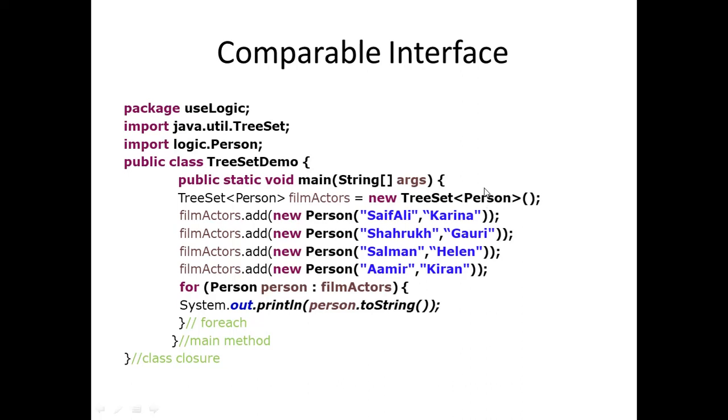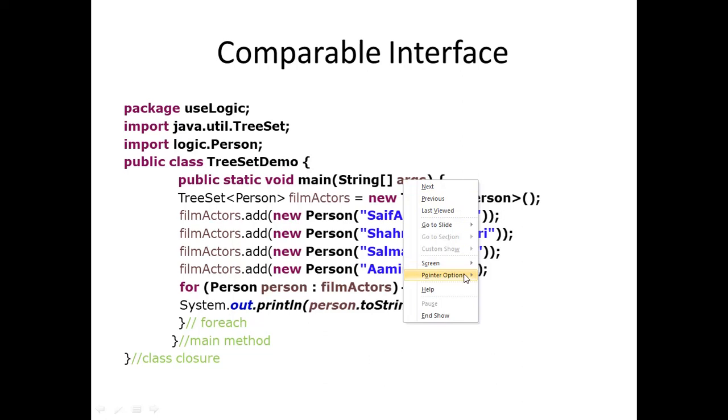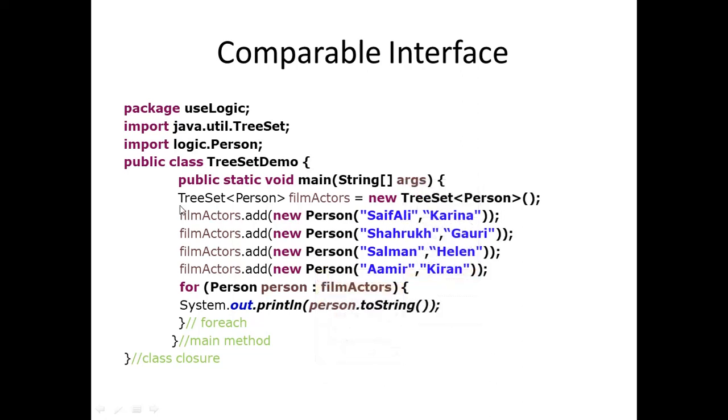Now here you have a TreeSet of Persons created, which is a blank one. Then you have 4 persons added to the TreeSet, and you are trying to print the contents of the TreeSet. See what happens.